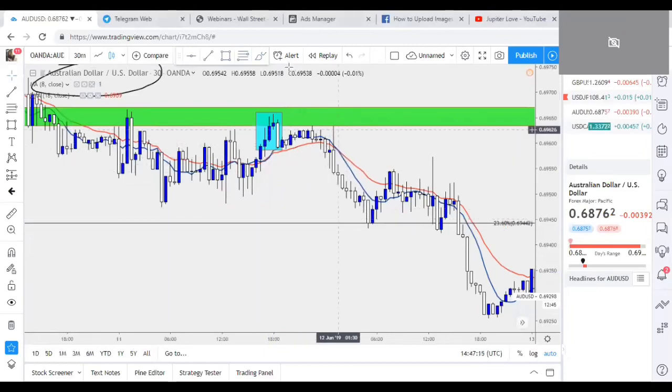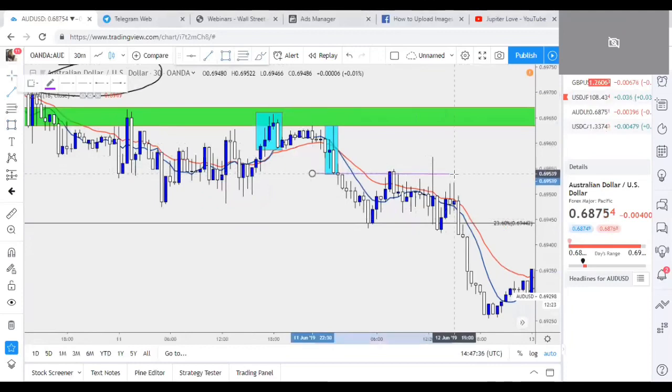So another entry point could have been around this area right here, because you're saying basically buyers are tired of pushing the market up, and we got sellers stepping in. If you were to take entry right here, you would probably get a 3 pips drawdown.